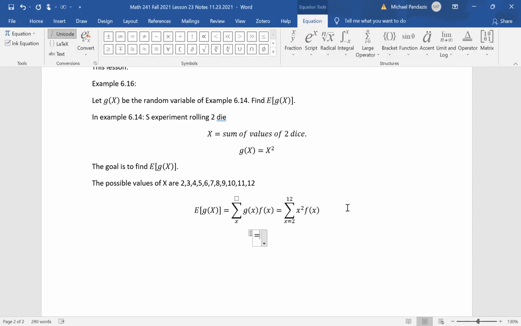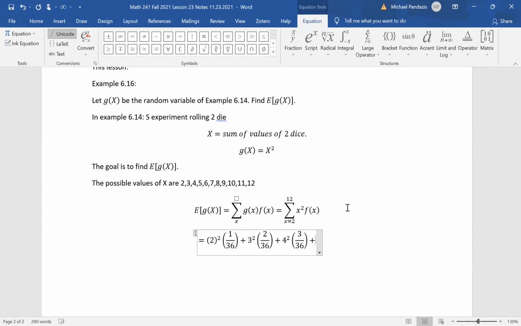Okay, so this is equal to, well, you just plug in each number and calculate. So the first one is 2 squared times f of 2 plus, and f of 2 is 1 over 36. Plus 3 squared times the probability the sum is 3, which is 2 over 36. Plus 4 squared times the probability the sum is 4, which is 3 over 36.